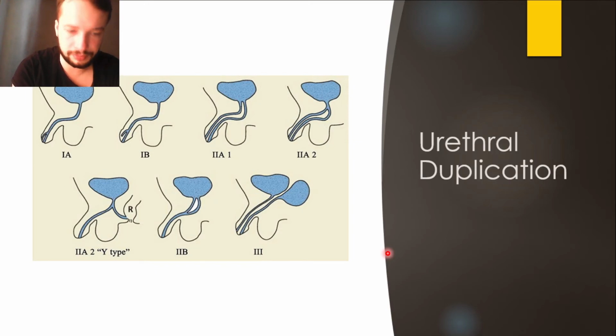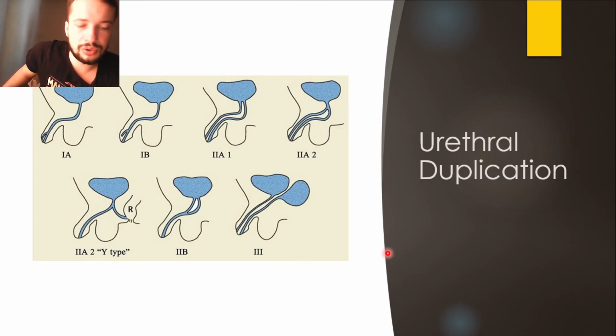Urethral duplication. Duplication commonly occurs along the sagittal plane. The ventral urethra is the more functional urethra and contains the verumontanum and sphincters. Effmann classified urethral duplication into 3 types. First type, partial duplication of the urethra.